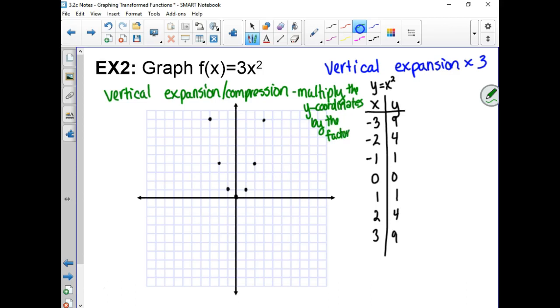Okay, so we're going to take all of our y coordinates and we're going to multiply it by whatever factor we are expanding or compressing this by. So here, since we're expanding by a factor of 3, we multiply all of our y coordinates by 3.